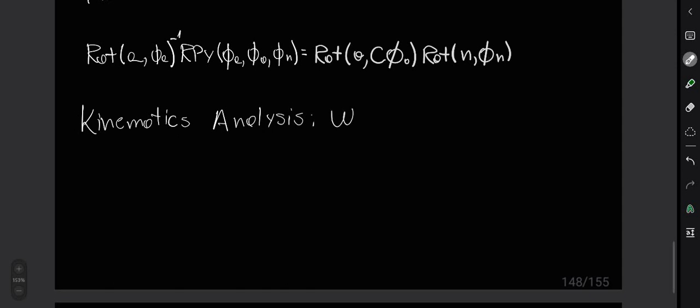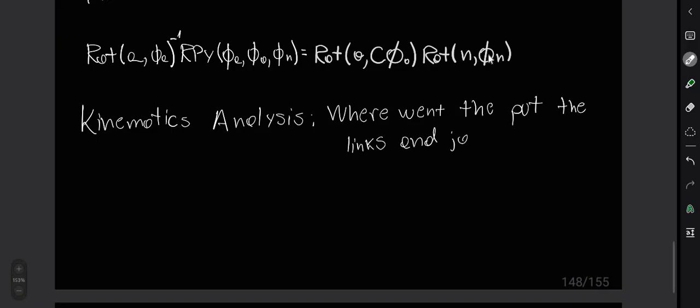Basic, where we want to put the links in joints after doing the transformation.